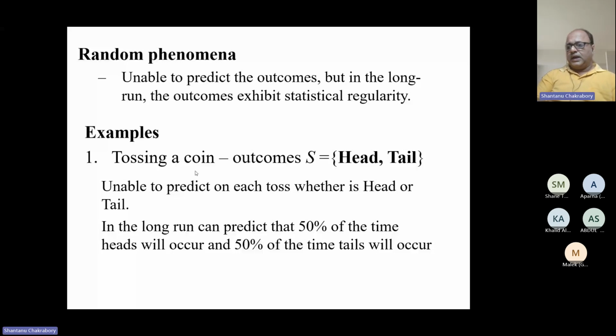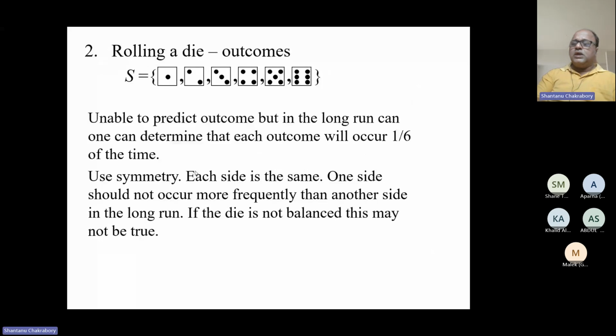It can either be head or tail. But in the long run, can we predict that 50% of the time head will occur or 50% of the time tail will occur? How do we predict whether it will be head or tail, right? Rolling a dice.